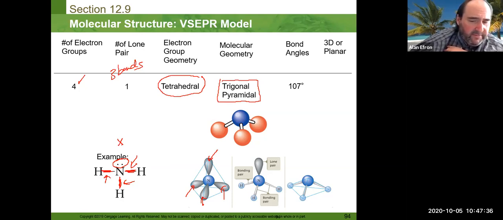Most people call it trigonal pyramid. As you can see here, it makes a pyramid shape on the bottom, a kind of triangle pyramid shape. And the bond angle here is less than 109.5, which is your traditional tetrahedral bond angle.